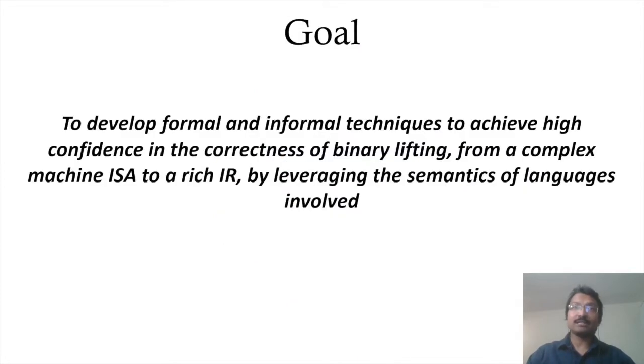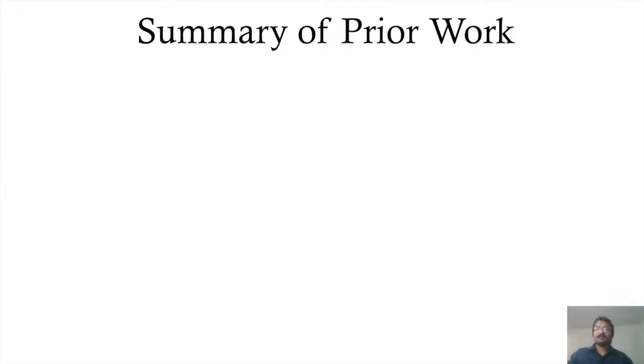Our main goal is to develop formal and informal techniques to achieve high confidence in the correctness of binary lifting from a complex machine ISA to a rich IR by leveraging the semantics of the languages involved. The prior work falls short in at least one or more of the following criteria.